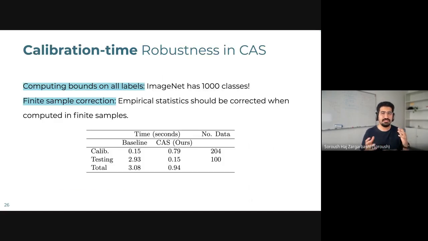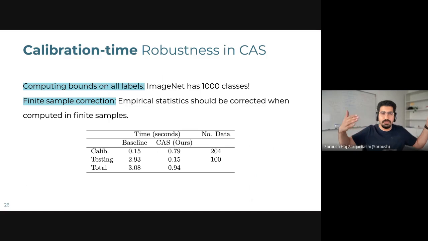And also, what is the difference between the calibration time robustness and the test time robustness? As I mentioned before, for example for ImageNet, computing 1,000 upper bounds is too much. So maybe instead of computing these 1,000 upper bounds, I can compute, I don't know, 100 calibration point lower bounds.